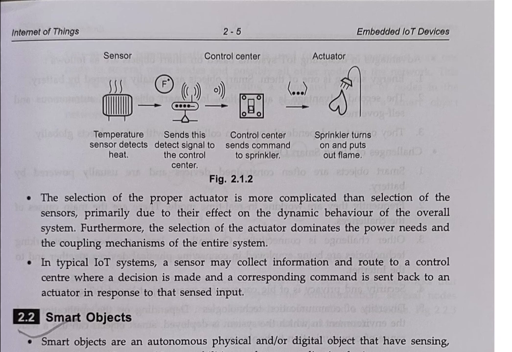In a typical IoT system, a sensor may collect information and route it to a control center where a decision is made and a corresponding command is sent back to an actuator in response to the sensed input. Okay, so this is how we use some sensors in the IoT device.